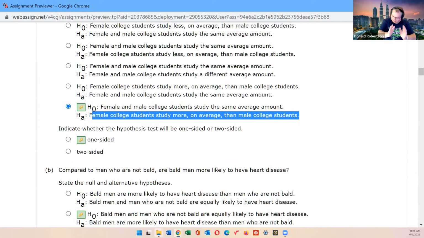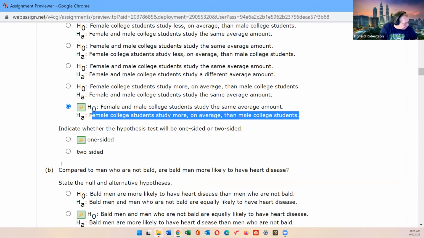When you do a null hypothesis, there's a single-tailed test and there's a two-tailed test. Remember those terms? Single and two-tailed. This one is one-sided, one-tailed, one-sided. If the first is bigger than the second, or the first is smaller than the second, that is a one-sided test.